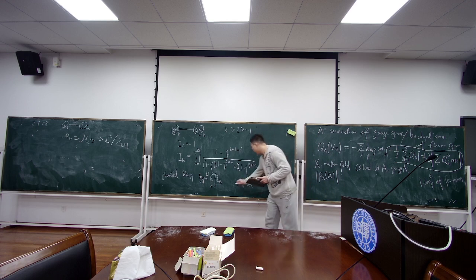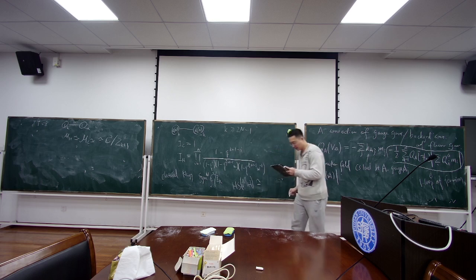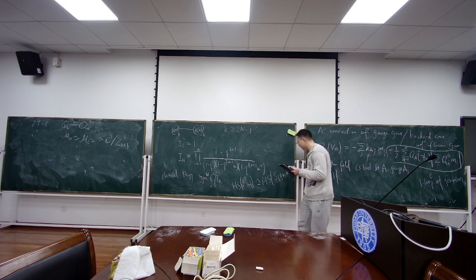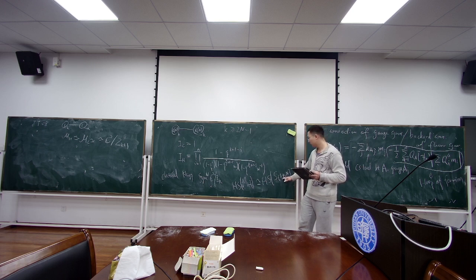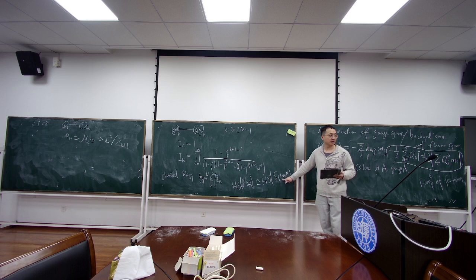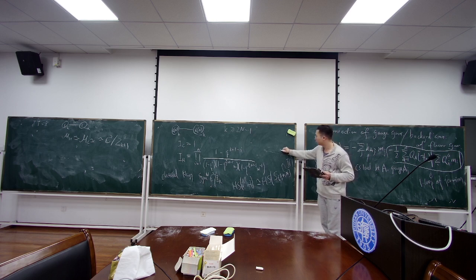Let me just say the Hilbert series of the Higgs branch is the same as the Hilbert series of the Slodowy slice labeled by this nilpotent orbit, labeled by this partition, intersected with the nilpotent cone. This is the nilpotent cone of SU(K).